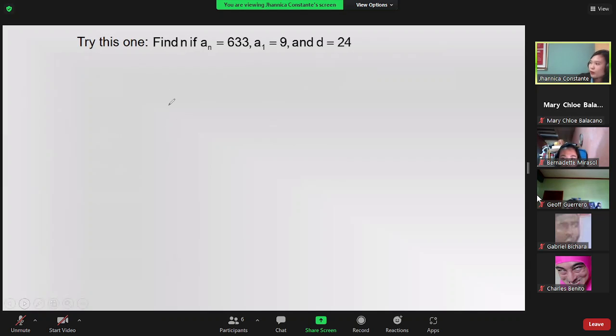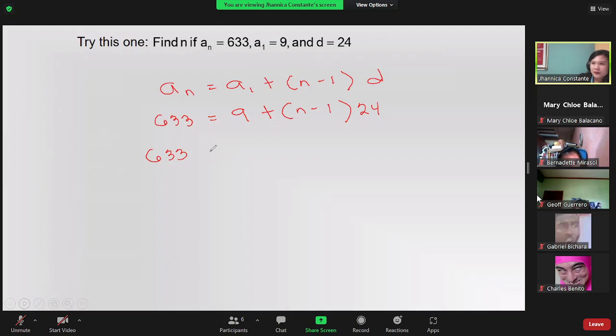So given the formula for arithmetic sequence equals to the first term plus n minus 1 times d, our an is 633, and our first term is 9 plus n minus 1 times our common difference, which is 24. So 633 equals to 9 plus 24n minus 24.